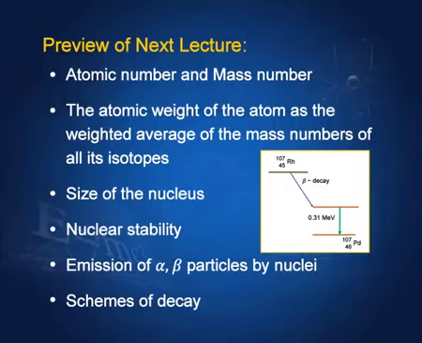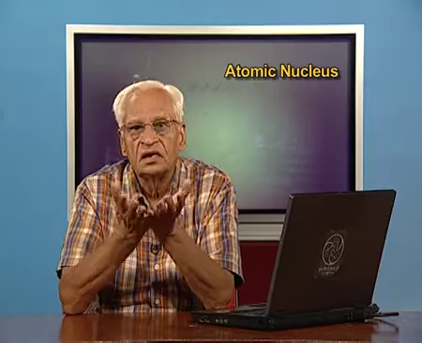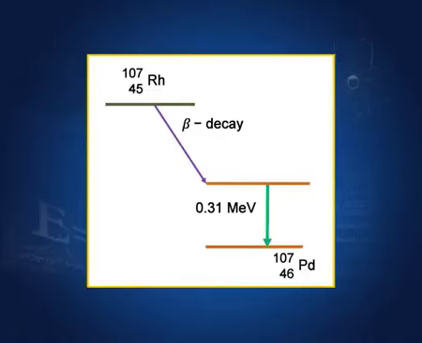In the next lecture, we shall continue with this story, and we shall see how nuclear reactions take place and how the nucleus, the daughter nucleus, is left in an excited state from which it comes down to the ground state by emitting a photon, a gamma particle in this case. We shall also study the size of the nucleus, how big is the nucleus, and we shall see nuclear stability.